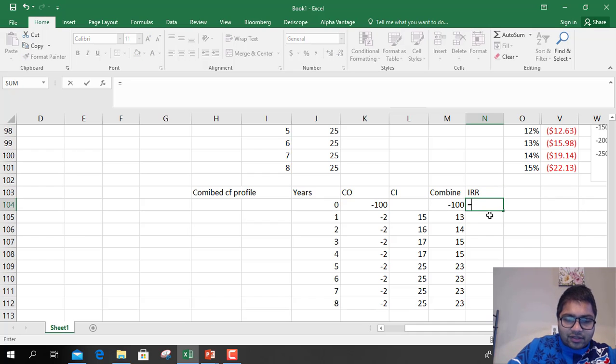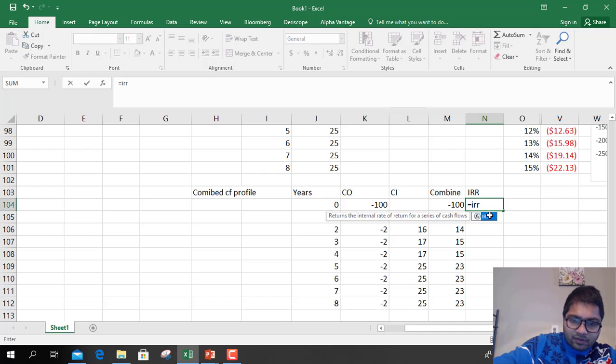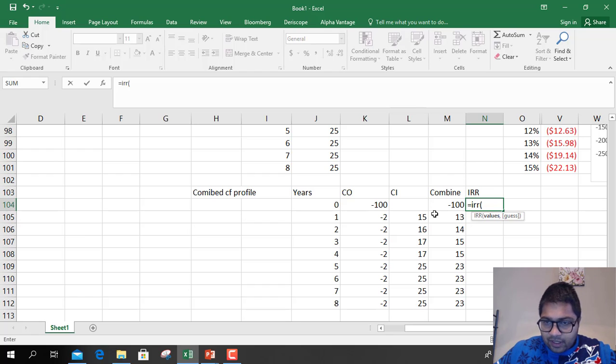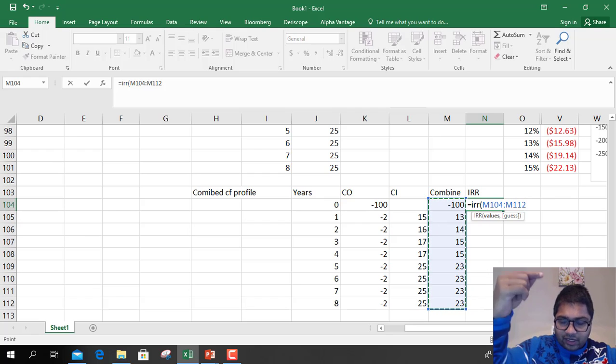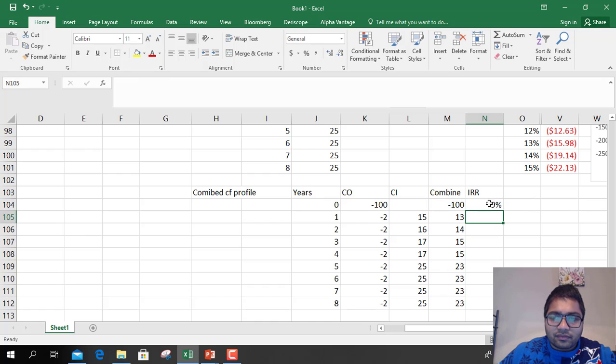So it is equals IRR, bracket open, click on 100, drag it to 23, close bracket, hit enter. So IRR is somewhere around 8.69%.